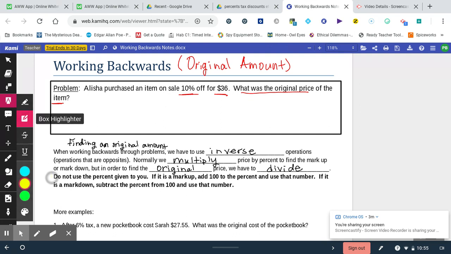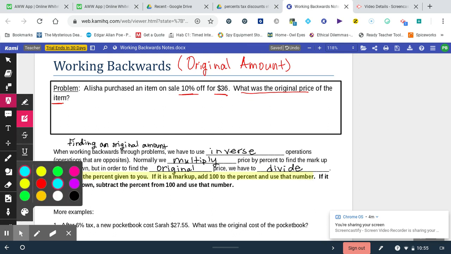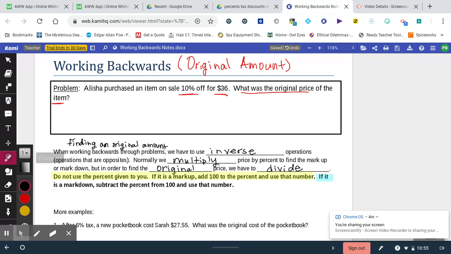So it says, look at this. Do not use the percent given to you. If it is a markup, you're going to add 100 to the percent and use that number. Okay? However, if it is a markdown, all right, let me get my highlighter back.